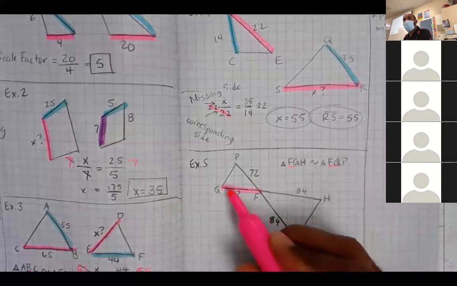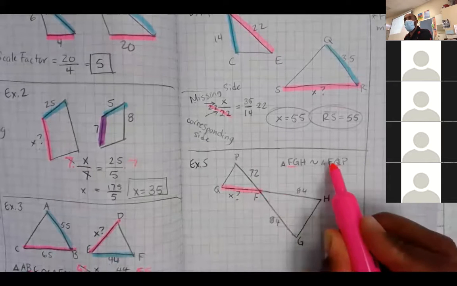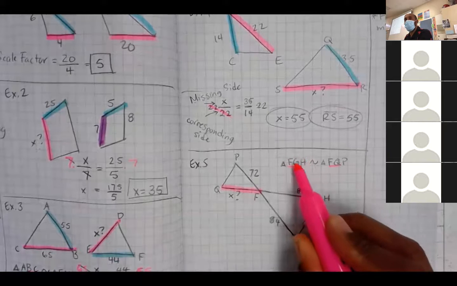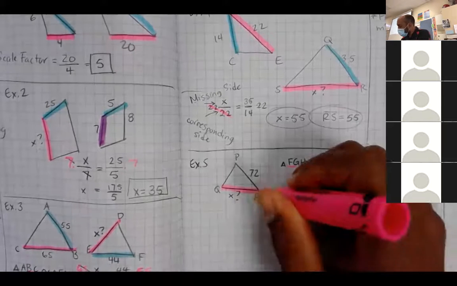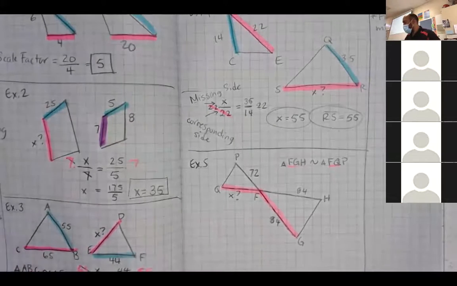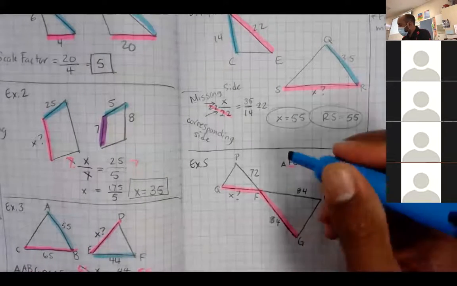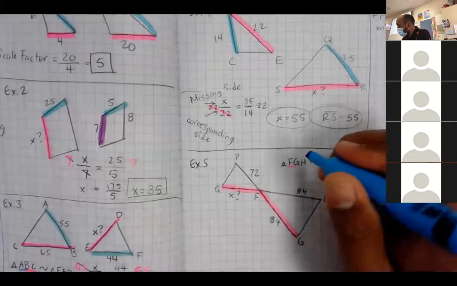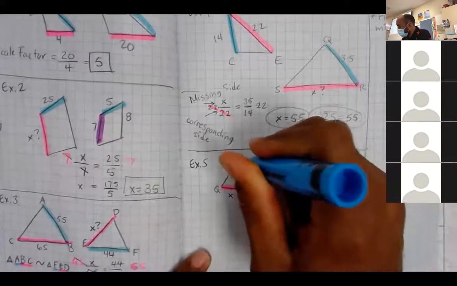Okay, so again, the missing side is FQ. That is FQ on the second part of the statement. So that means that the first two letters on the other side are the corresponding side, FG. That means that these two sides basically correspond, all right? And then the other two sides, which would be this side right here, PF.